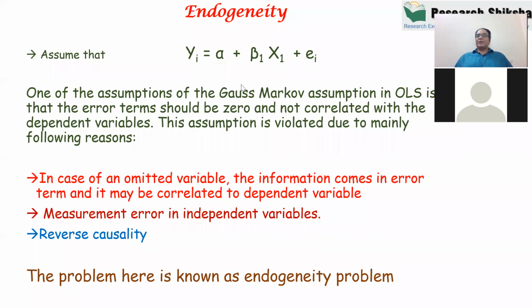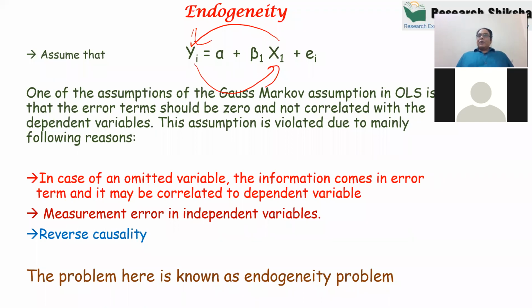So both are causing each other. FDI is helping in improving the GDP, and an increase in GDP will attract FDI. So this concept is called reverse causality. We explain it like this: X is causing Y, and Y is causing X.